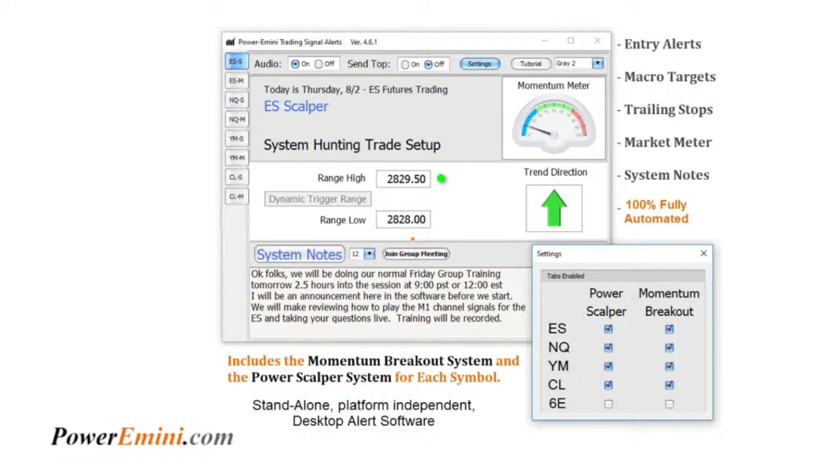When you pencil out the stats in a spreadsheet, week after week, month after month, you'll see how these big long range days really skew the odds in your favor and give you those extra points. And that's where the big trading edge comes from, the long range days. So good point. Excellent, excellent.